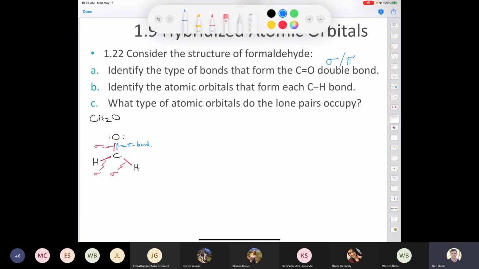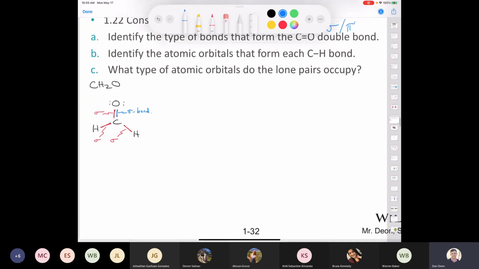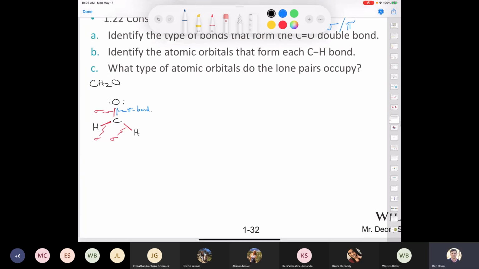Well, if we identify the types of orbitals that are in each carbon-hydrogen bond, let's draw a little bit bigger here. Could anybody tell me what the hybridization of the carbon is, and it's not a trick? I'll redraw the molecule while you're thinking about it. What's the hybridization of that carbon?